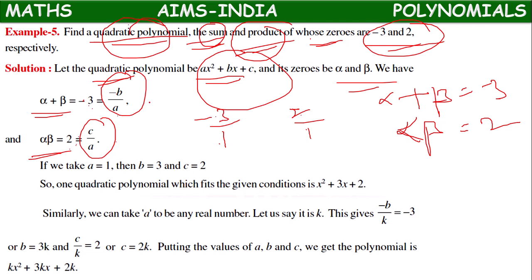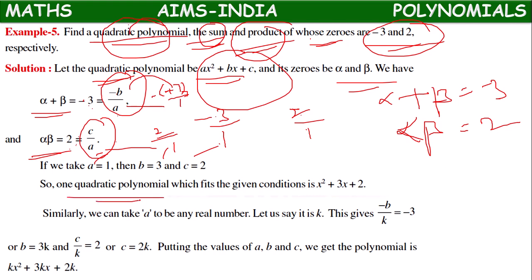But it is minus of b by a, so minus of plus 3 by 1, and here just 2 by 1. If we guess, the a value is common in both. The a value is 1. The b value is plus 3. The c value is 2. Like that, we can just guess.